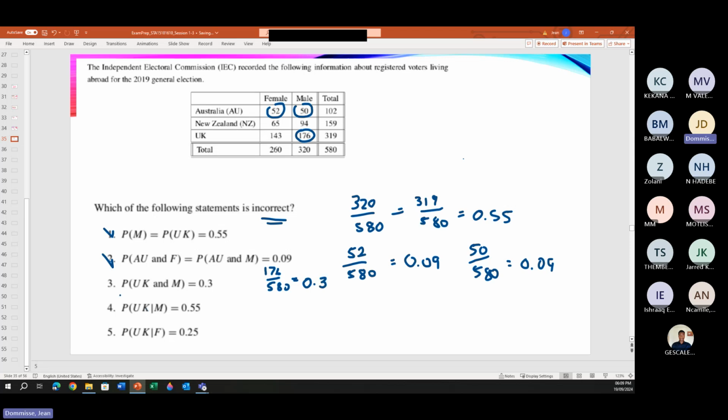Okay, so as I thought, would be one of the more difficult ones. Okay, so probability of UK given male, so it's the probability of UK and male divided by probability of male.